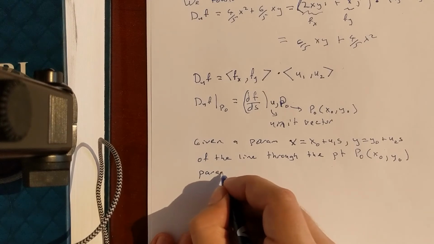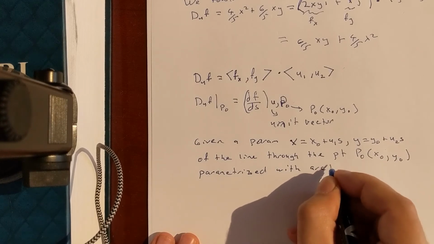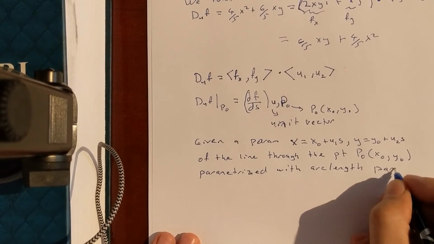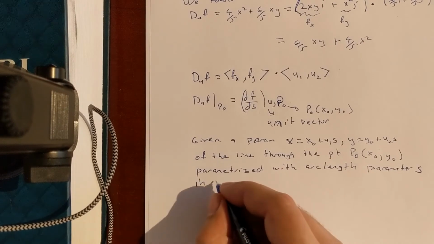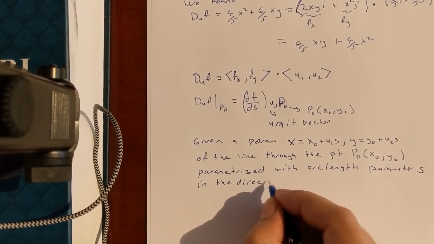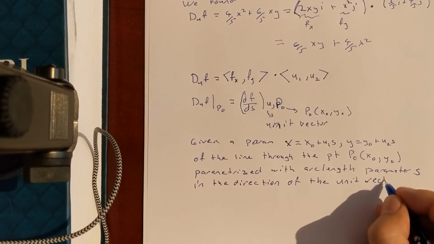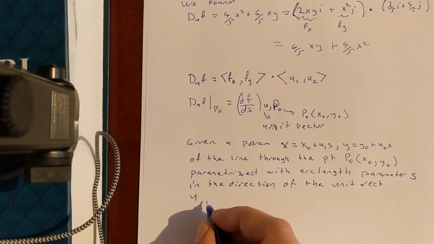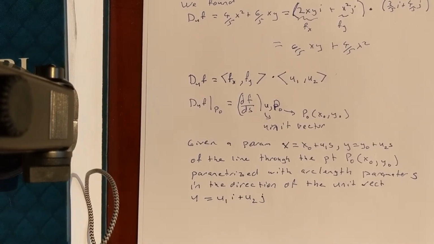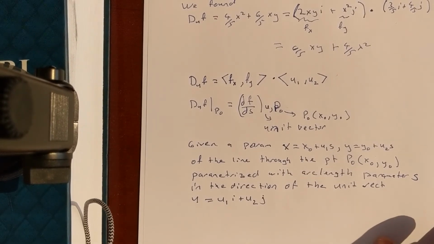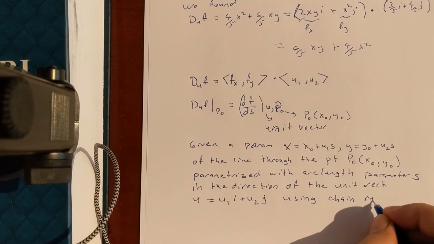Parameterized with the arc length parameter s, in the direction of the unit vector u, so it's got to be always unit, u equals u1 i plus u2 j. Using the chain rule, we get the following.